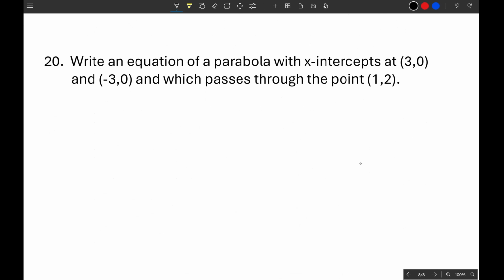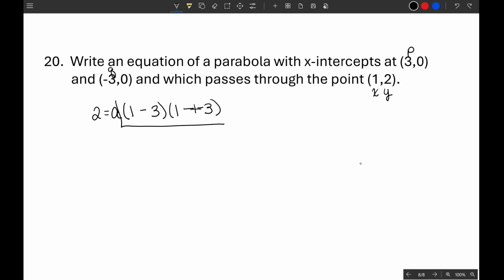So we can do the same thing here. My intercepts are 3 and negative 3, so I have a p and I have a q. The point that the parabola goes through is going to be my x and my y. So I have y equals 2 equals a, which is what I'm trying to find, times x minus p, which is 3, and then x again, which is 1, minus negative 3, that's my q, that's a double negative.